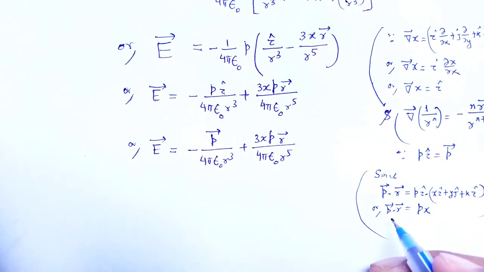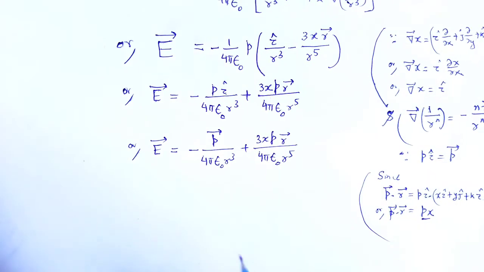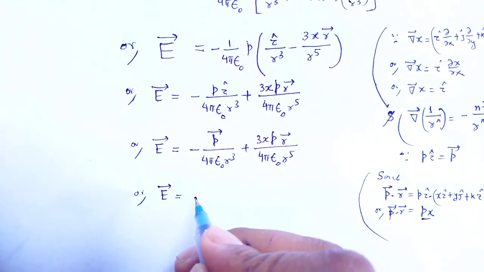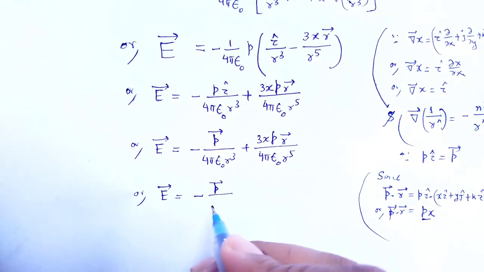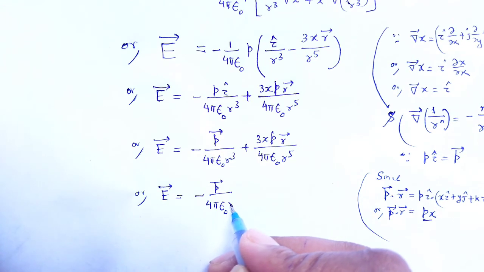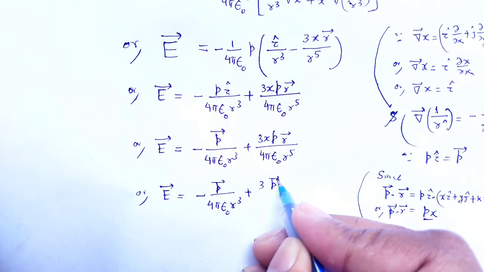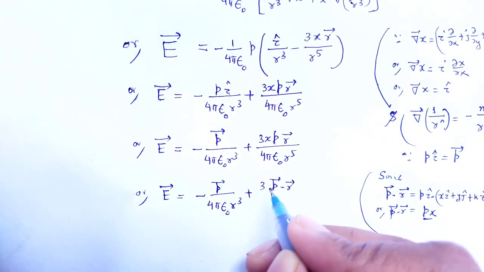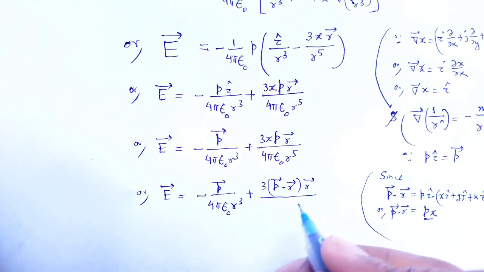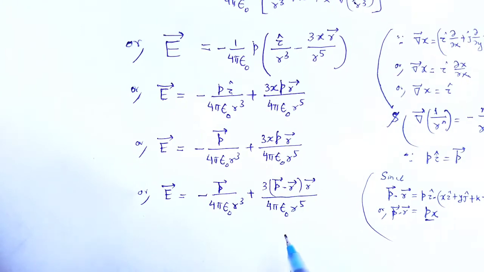So, in place of p x we can substitute p dot r here, or E is equal to minus p vector divided by 4 pi epsilon naught r cubed plus 3 p dot r into r vector divided by 4 pi epsilon naught r to the power 5.